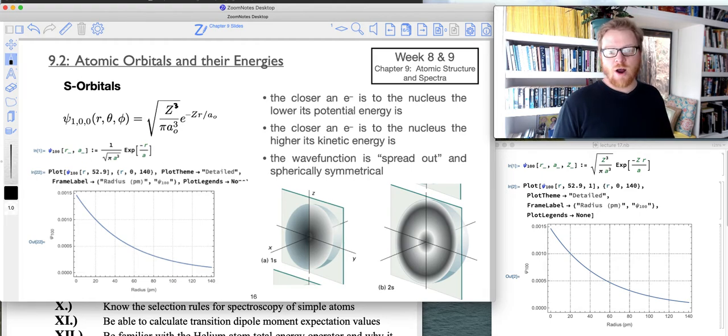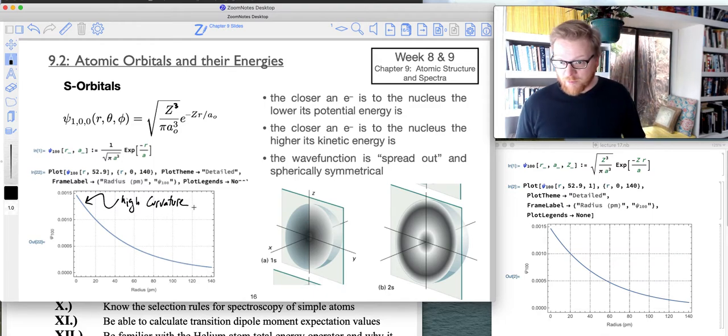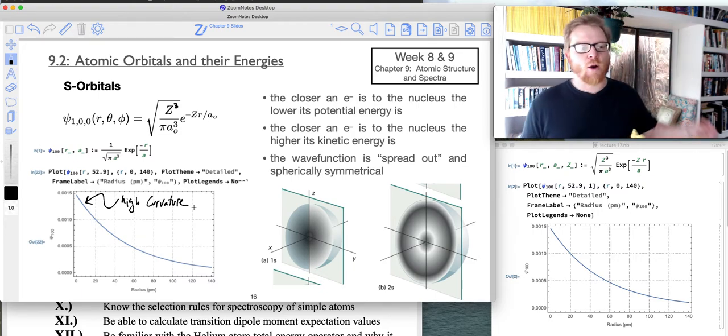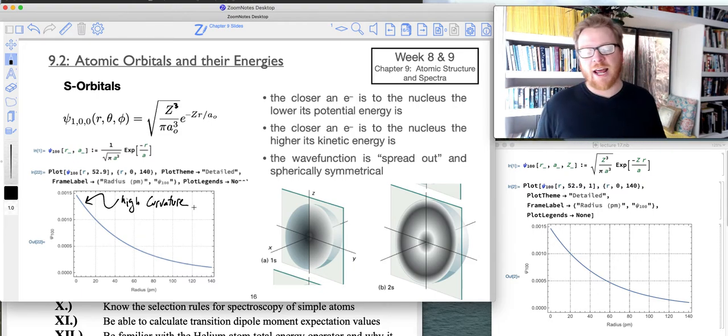The closer an electron is to the nucleus, the lower is its potential energy. One reason for that is because here we note the high degree of curvature. If you recall from way back in chapter 7, a large curvature in our wave function corresponds to a large kinetic energy through second derivative analysis, okay?